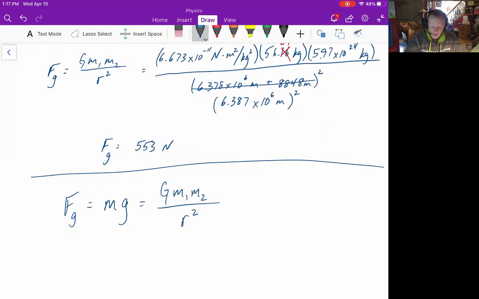It is important to note that one of these two masses, either 1 or 2, is the mass of the planet that you're on. The other is the mass of the object that you're measuring. So I'm going to call this M1 in the first place, just to keep that in mind. M2 will be the planet mass.